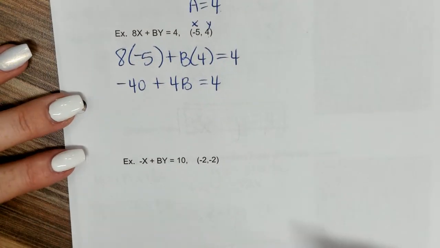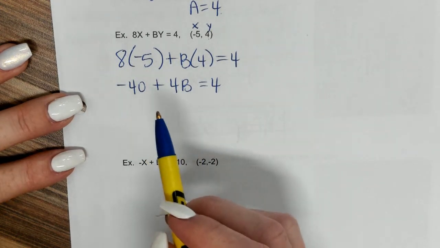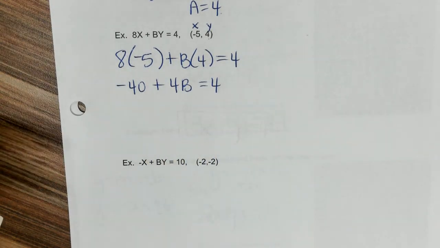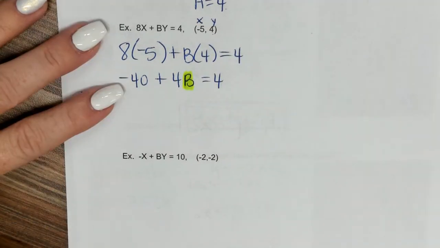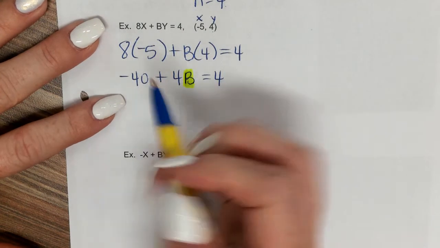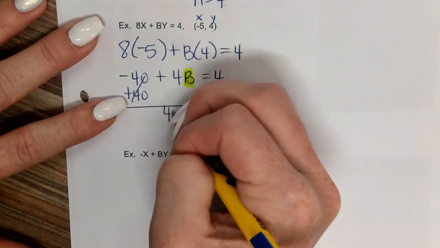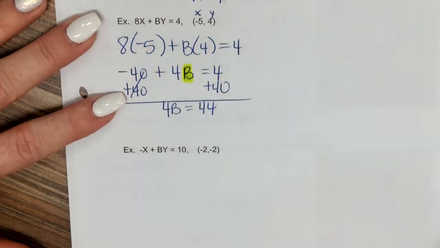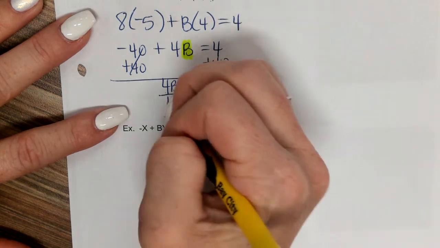Everybody set it up correctly. Okay, how am I going to get rid of it? Always ask yourself, what am I solving for? I'm solving for b. So how do I get rid of negative 40? Plus 40. So I have 4b equals 44. How do I get rid of the 4 so I can get b by itself?